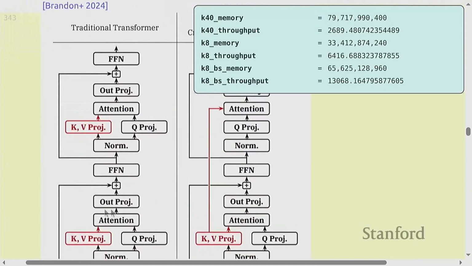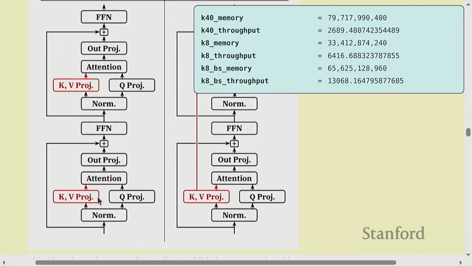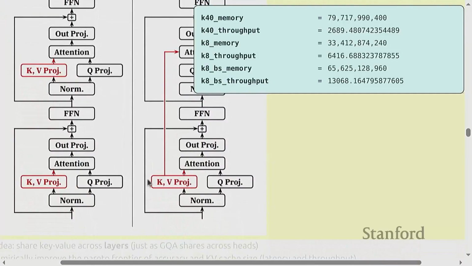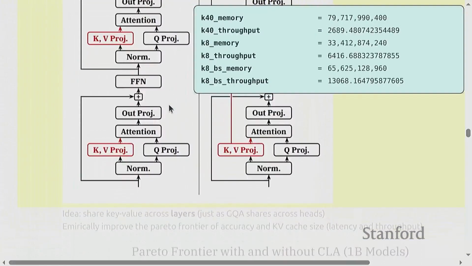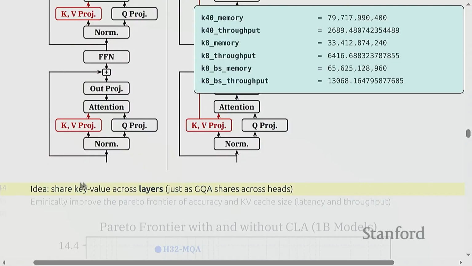But basically, if you look at the transformer diagram, you have the key value projection of one layer, and then you have the next layer, and these key value vectors are usually separate. But the idea here with CLA is that we're just going to use the same key value projection across layers. That's why it's called cross-layer attention. So just as GQA shares across heads, CLA shares across layers.